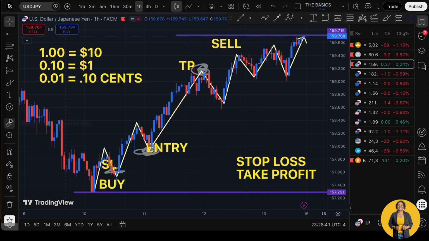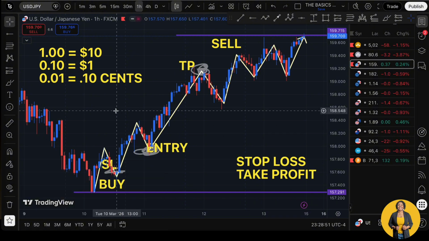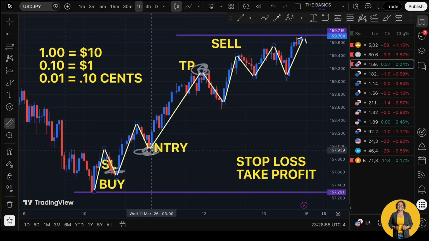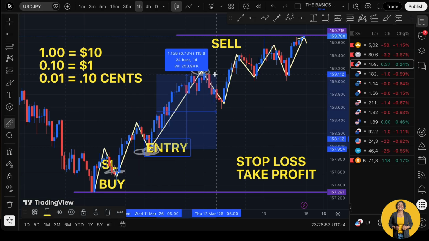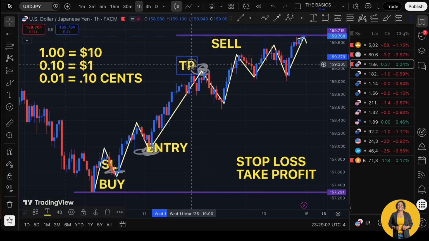Now, what we're going to do is we're going to do some simple math. For the sake of this video, I'm going to say I'm only going to wager $1 per movement in the right direction and $1 per movement in the wrong direction, okay? So let's just do it again, simple math. We're going to enter the trade here, and our take profit is here. That's 120 moves, right? In trading, we call it pips, but today we're going to call it movement, right? 120 moves.